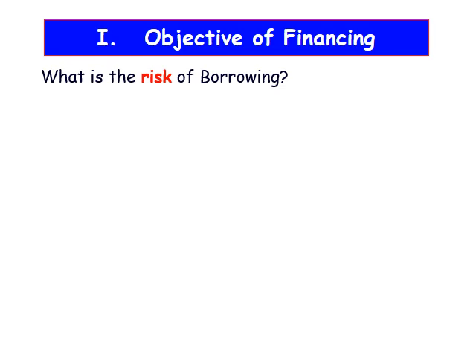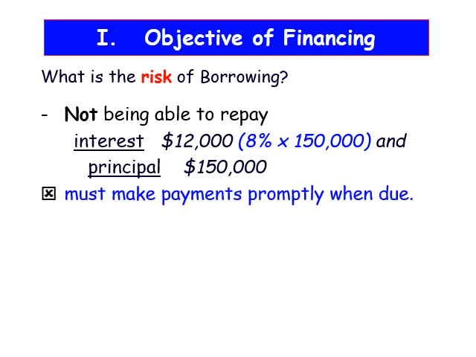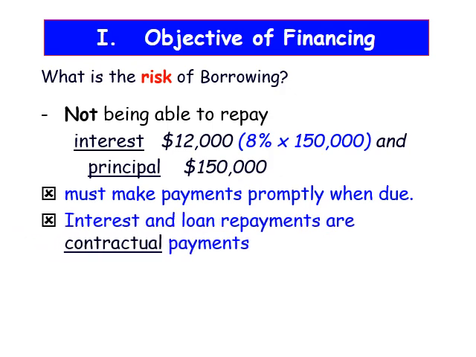What's the risk of borrowing? Not being able to repay interest and principal. The borrower must make payment promptly when due. Interest and loan repayments are contractual payments.